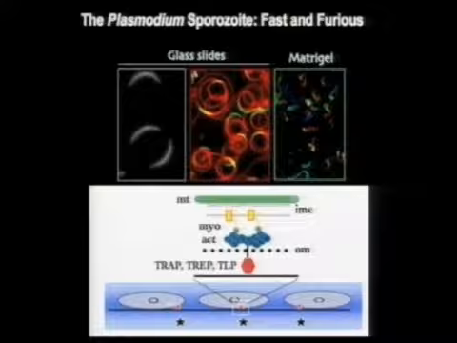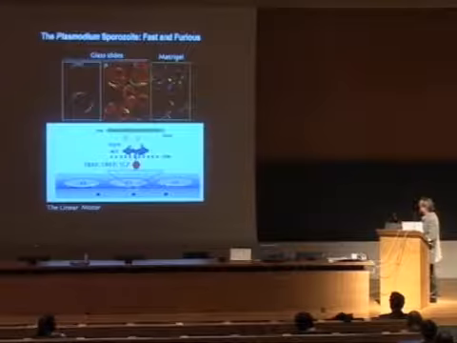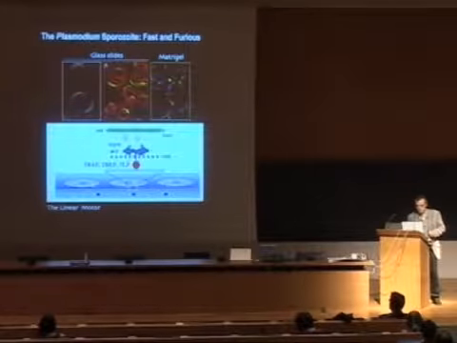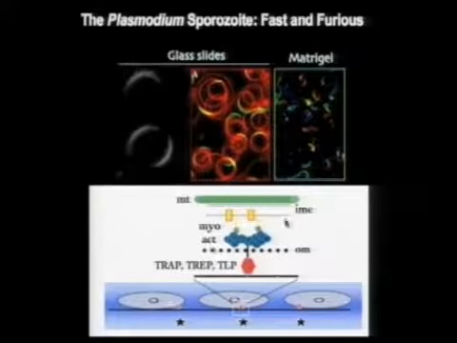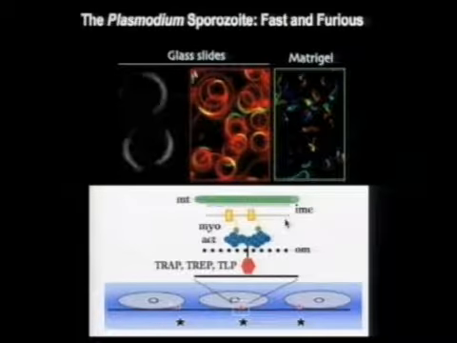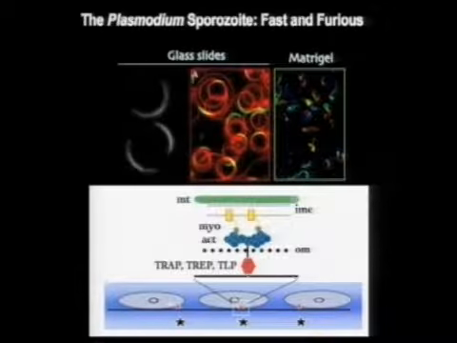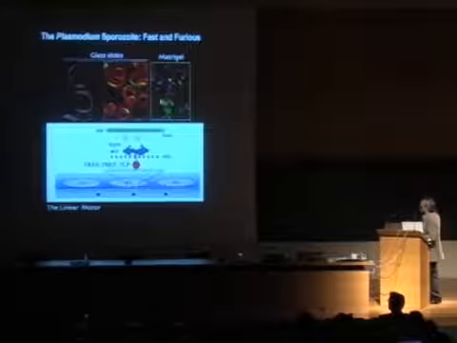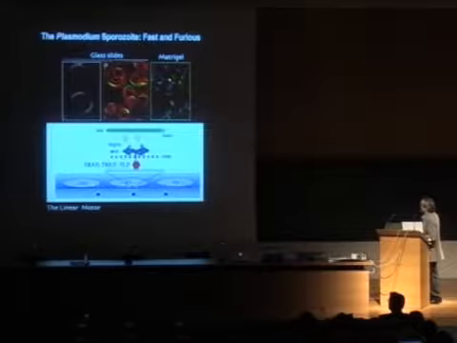It's one of the fastest cells. It can move up to 5 microns per second, and it moves by gliding. The gliding type of movement is defined by the fact that there's no change in the shape of the cell, and these parasites draw circular patterns on glass slides, or, I don't know if you can see, more corkscrew paths when they're gliding inside Matrigel.